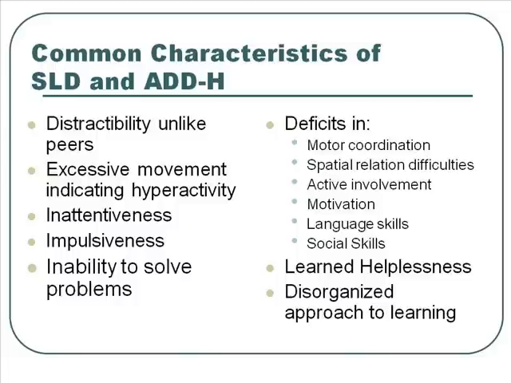They may have deficits in motor coordination, spatial relation, active involvement, motivation, language skills, social skills. They may have learned helplessness and a disorganized approach to learning. It is my opinion that learned helplessness and the student's disorganized approach to learning are the two characteristics that impact success in the general education classroom the most.